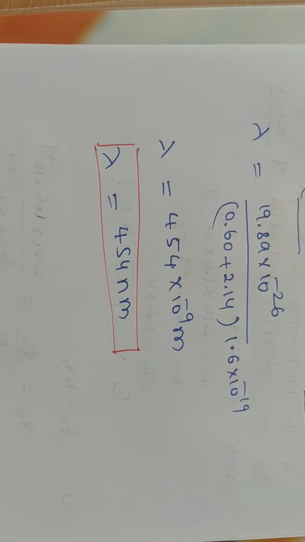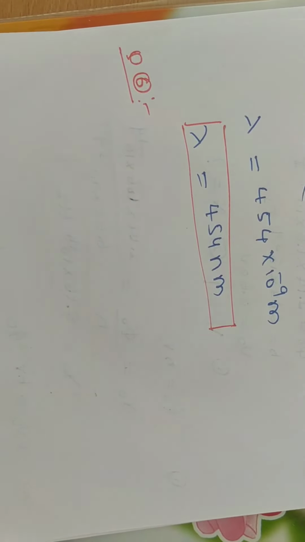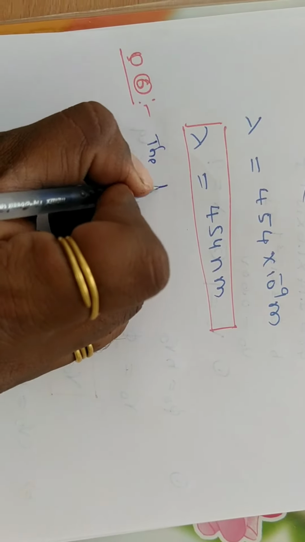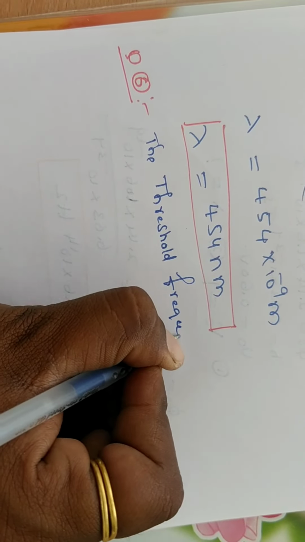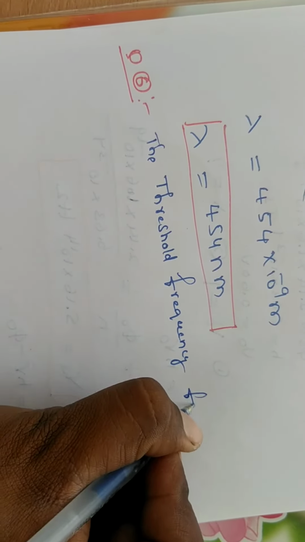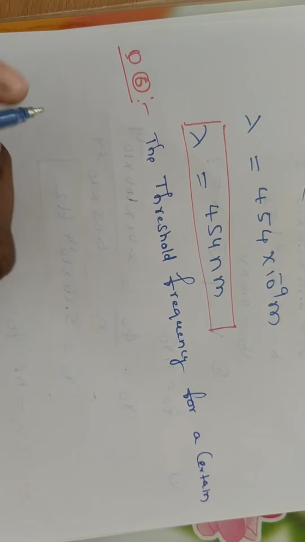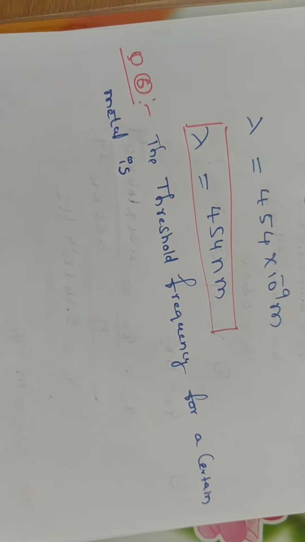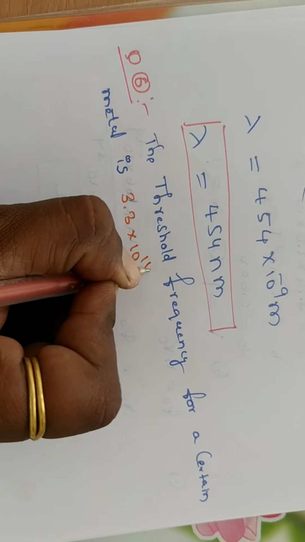Then next one, next problem number 6. The threshold frequency for a certain metal is 3.3 into 10 to the power of 14 hertz.